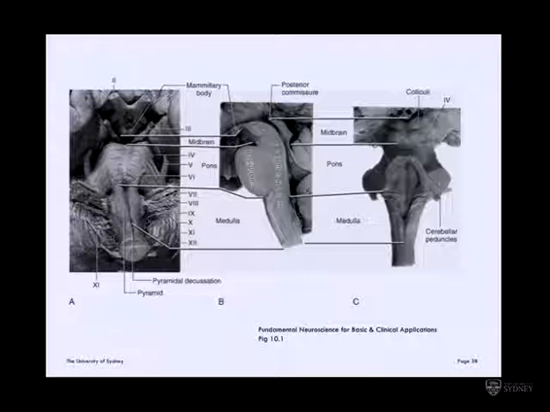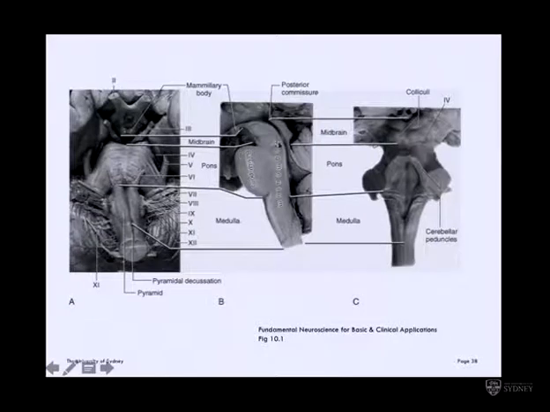Okay, here you go. So we're looking at this region right here. Here's the optic nerve. There's your optic chiasm right there. Okay, mammillary bodies. These Roman numerals refer to the cranial nerves. We'll cover that very shortly. And this region here is your midbrain, right? Very small region, as you can see.